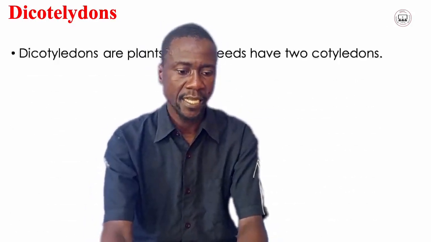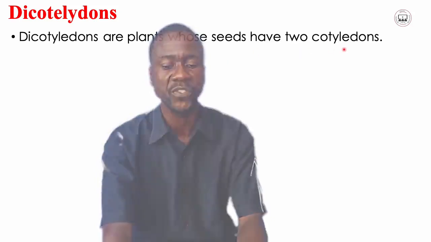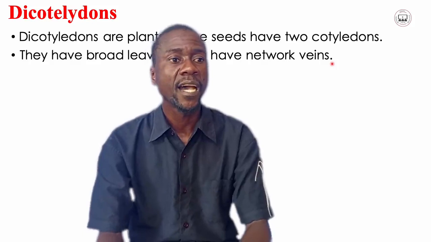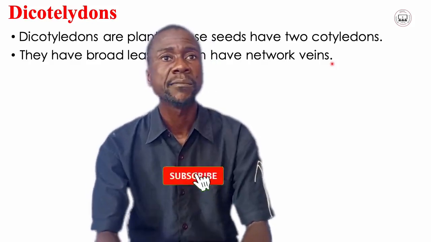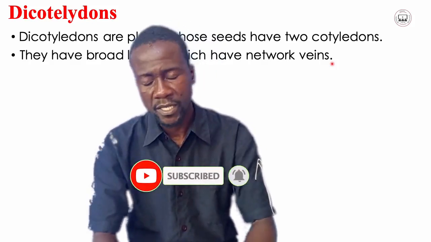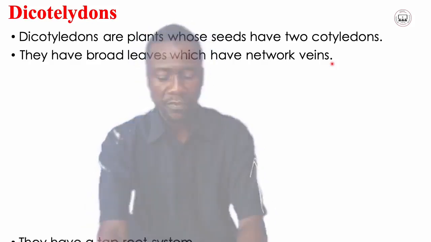Now let us discuss the dicotyledons. These dicotyledons are plants whose seeds have two cotyledons. And they have broad leaves which have network veins. Their veins are connected without a proper pattern like what we have in the parallel venation.